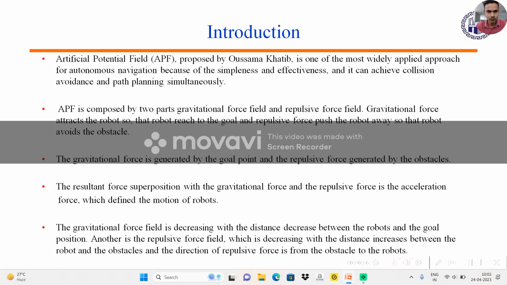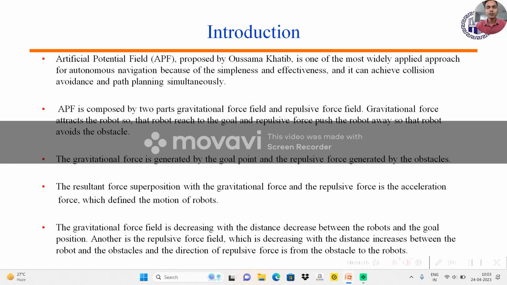Introduction. The artificial potential field algorithm was proposed by Oussama Khatib in 1986. It is one of the most widely applied approaches for autonomous navigation because of its simplicity and effectiveness.